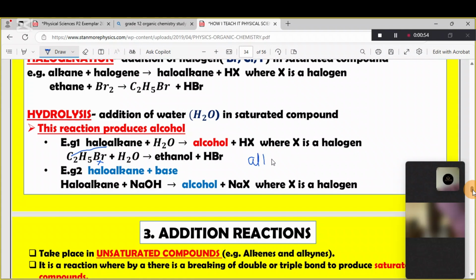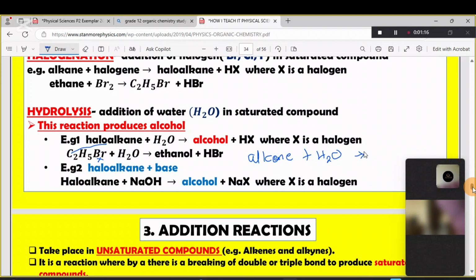Like alkane, it's saturated, right? Plus H2O will give, remember we are substituting. So when we're talking of substitution, I'm removing A to put B in place of A. For example, if I had A here, I'm now removing this A and I'm going to put B, but everything else is still the same. This is called substituting.